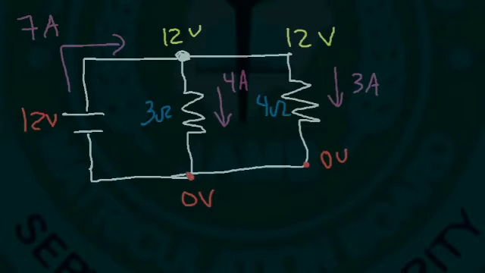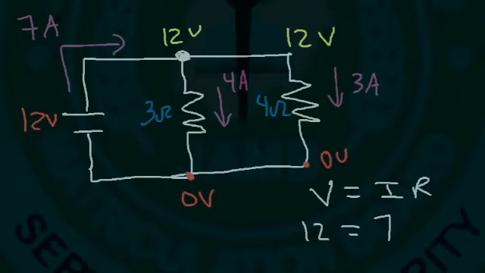Now, what is the equivalent resistance of the 3 ohm and the 4 ohm resistor? There are two ways you can find the equivalent resistance. You can use the equation, or you can use Ohm's law, V equals IR. If you know the voltage of the battery, which is 12, and the total current of the circuit, which is 7, you can calculate the equivalent resistance.